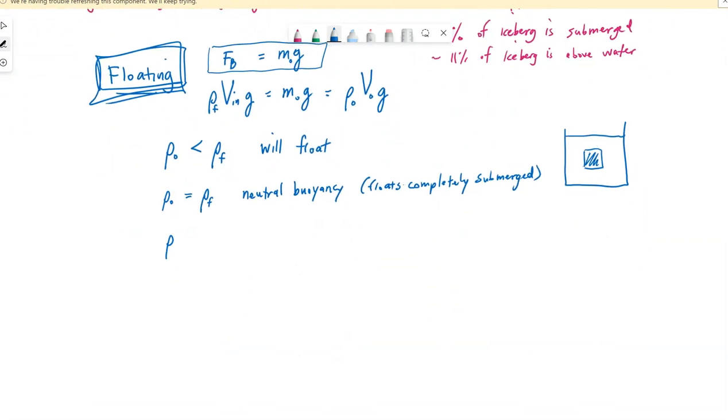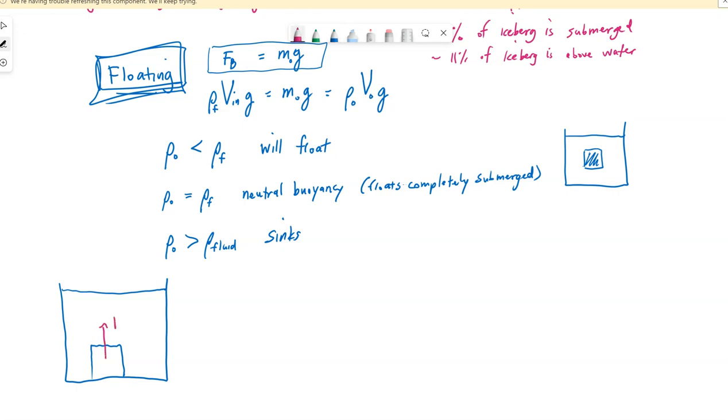If the density of the object is greater than the density of the fluid, the object sinks. So if I have, say, a block of iron, I drop it in some water, it's going to sink to the bottom. It will experience a buoyant force.